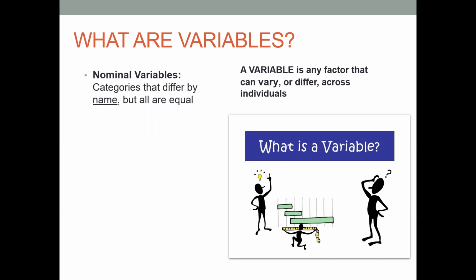Types of pets you have owned in your lifetime would be a nominal variable. So maybe you've owned cats, dogs, mice, horses. Say those are the types of animals that you've owned as pets.